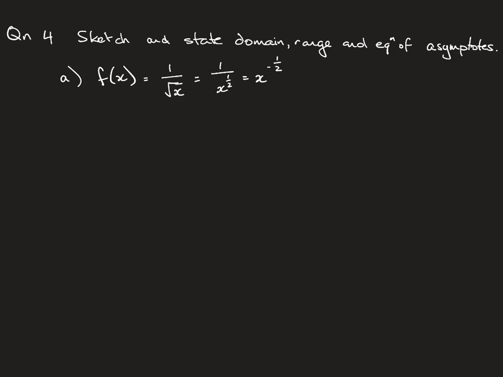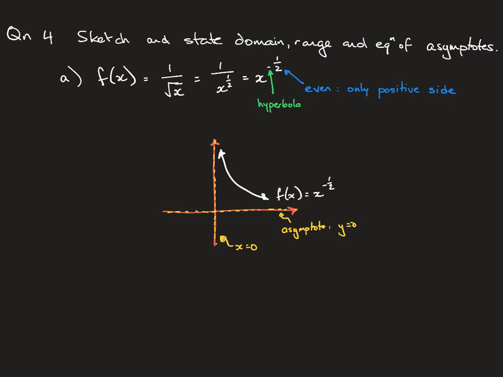So what does that mean for the graph? Well, the negative means that it's a hyperbola. And the even number, as the denominator of the fraction, means it's only the positive side of the hyperbola. So let me draw that. So it's the positive arm of a hyperbola.